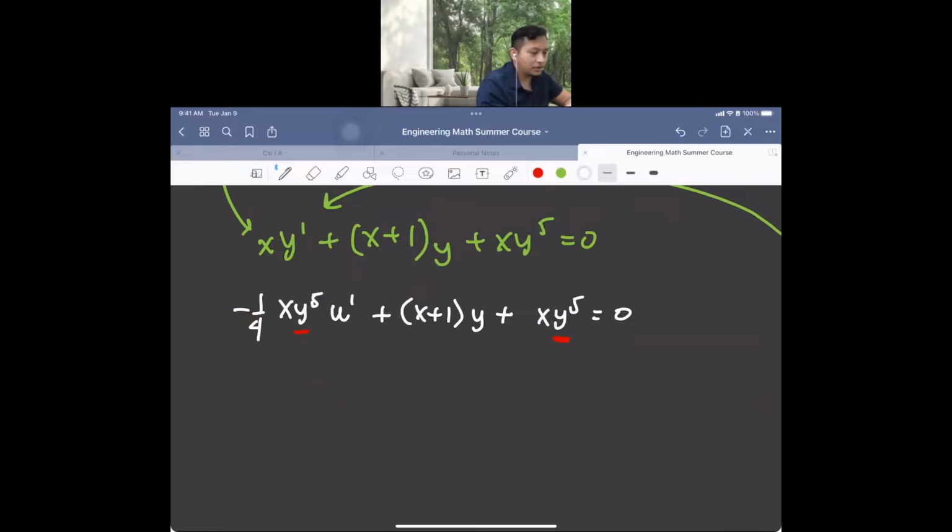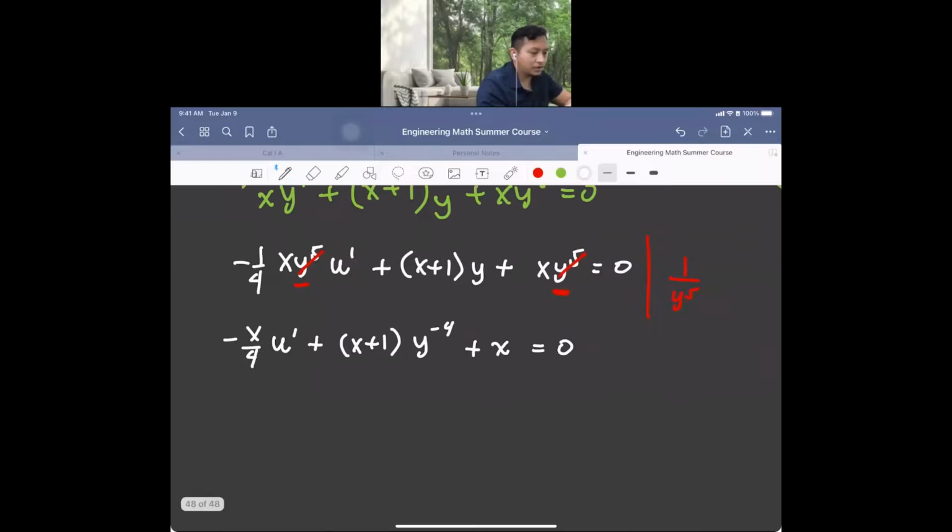This will be negative x over 4 u prime plus (x plus 1) y to the power of negative 4 plus x equals 0.